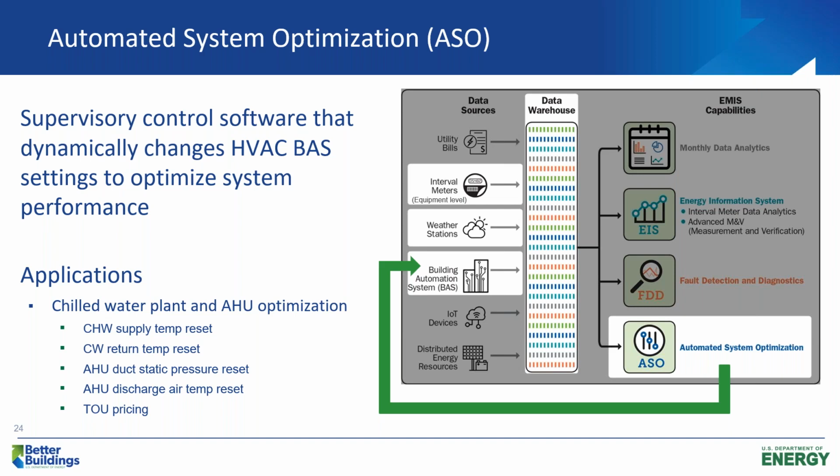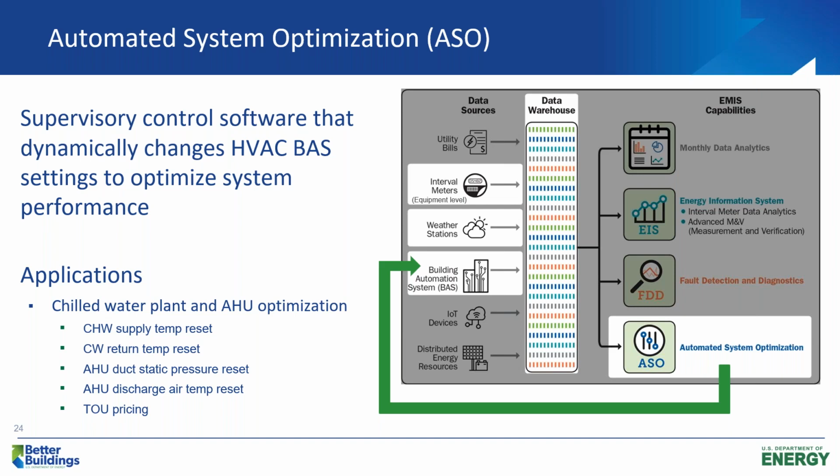This one is a little different because there is a feedback loop. With the other ones, EIS and FDD, there are diagnostics and you have to go and do something, then you check again and see if the diagnostics are still flat.